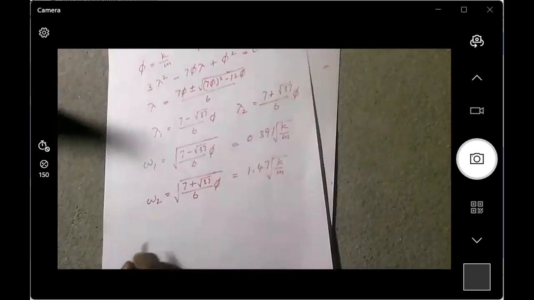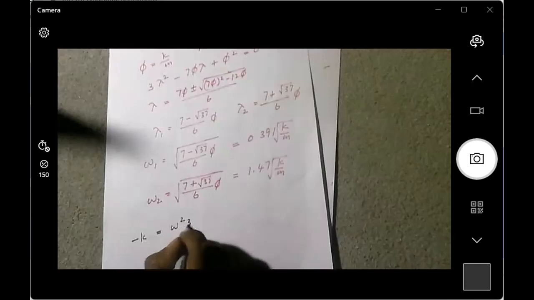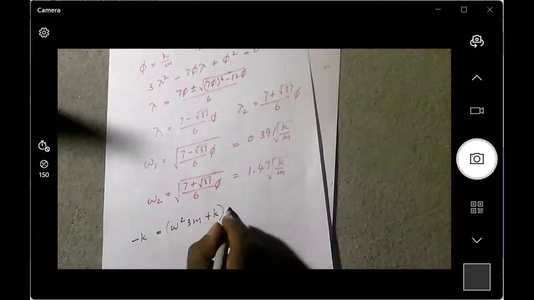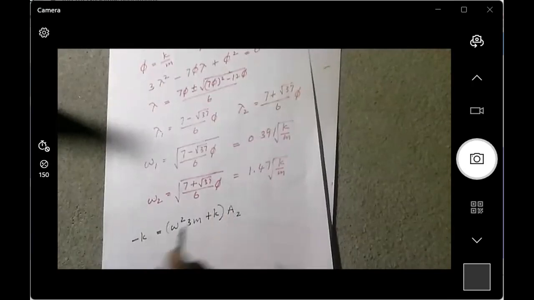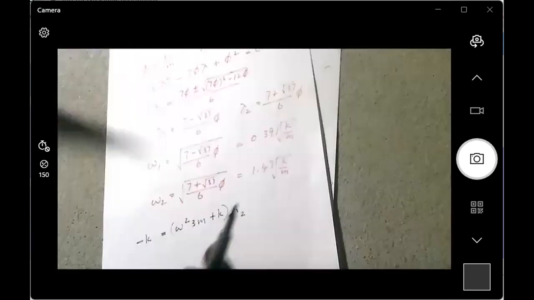So our equation is minus k equals omega squared 3m plus k times A2. Right? I took it from this last line of this equation.